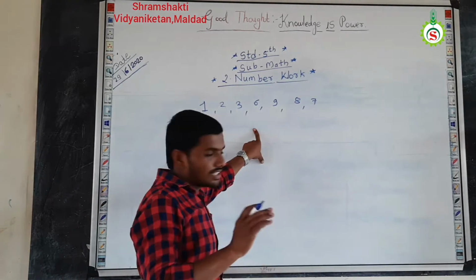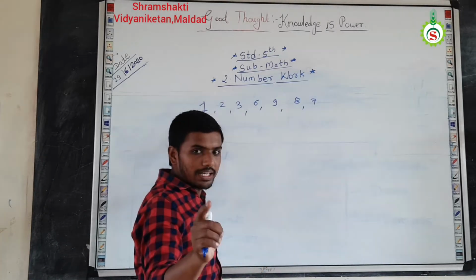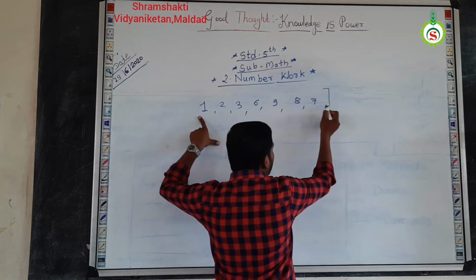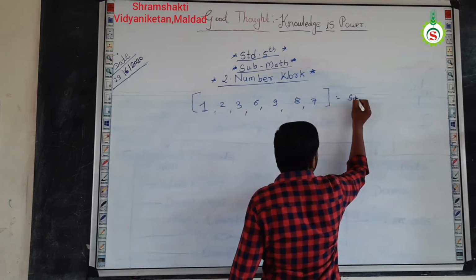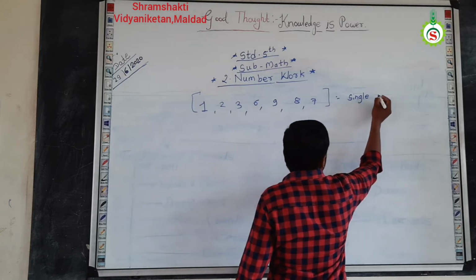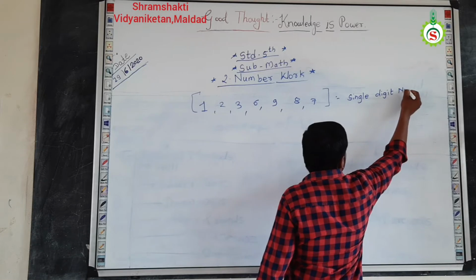Why are they called single digit numbers? Because they have only the unit place. That's why all those numbers are called single digit numbers.